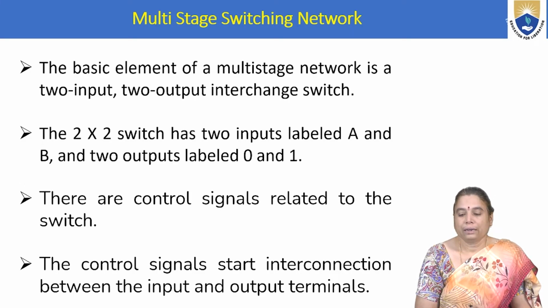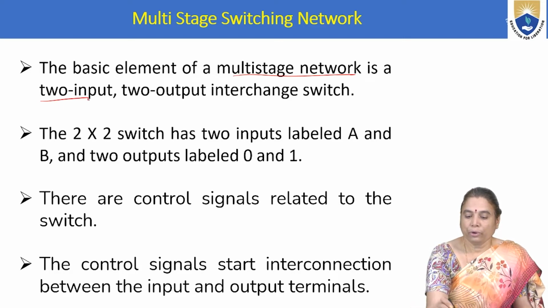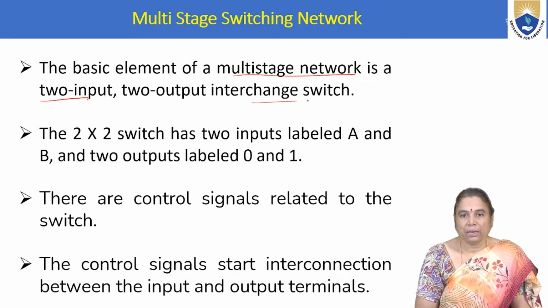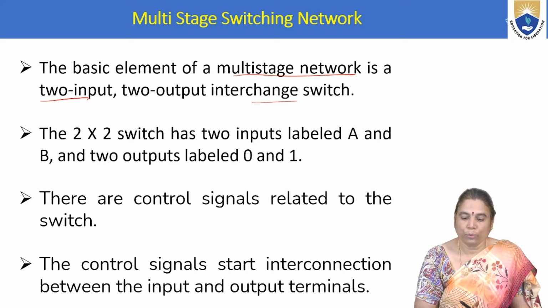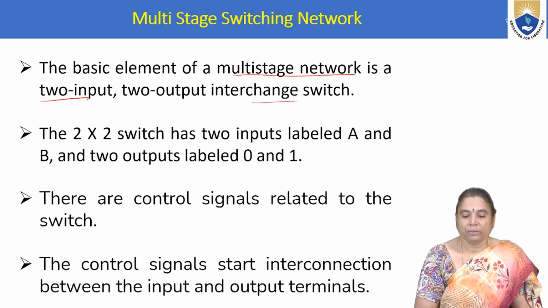Next interconnection structure is the multi-stage switching network. Here in this interconnection structure, the basic element of a multi-stage network is a 2 input, 2 output interchange switch. So a switch can be employed which receives 2 inputs and produces 2 outputs. The arbitration logic has to be established with the help of this switch.